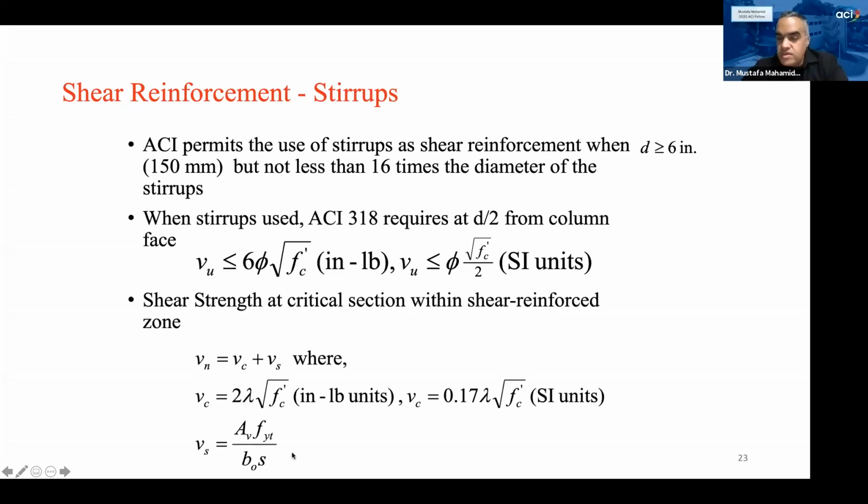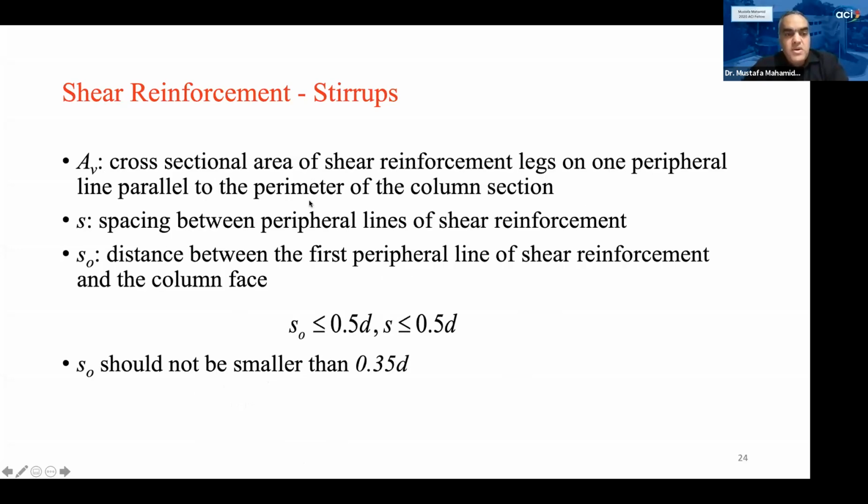You know this equation from beam design, but here we do have differences: b sub 0 is different, which is related to the perimeter of the critical section. Okay, so everything is defined here for the shear reinforcement, the spacing, and s sub 0 is the distance between the first peripheral line of reinforcement and the column face.